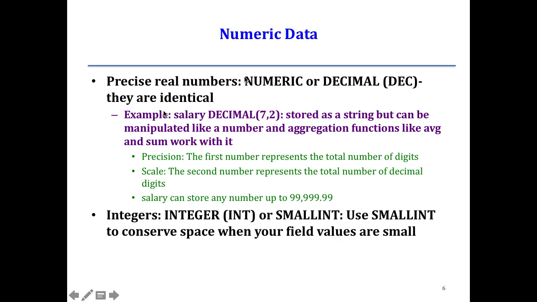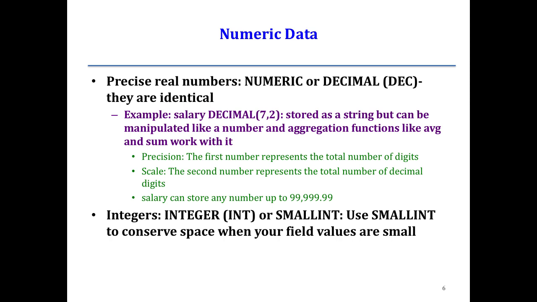So because databases are frequently used in businesses, there is a data type called numeric or decimal. They are the same. Why they use two different names for the same type, I do not know. But at any rate, they store those things as strings and not as numbers because it allows them to precisely represent the number.